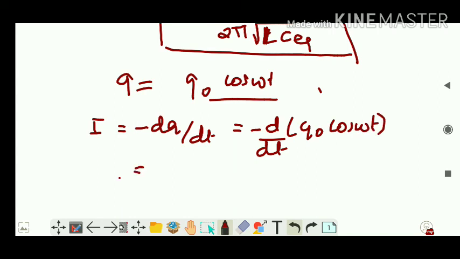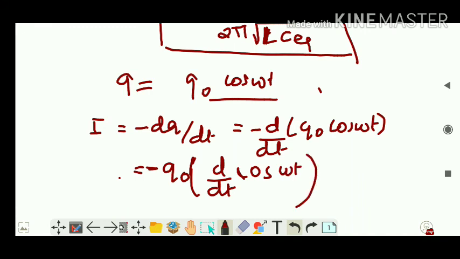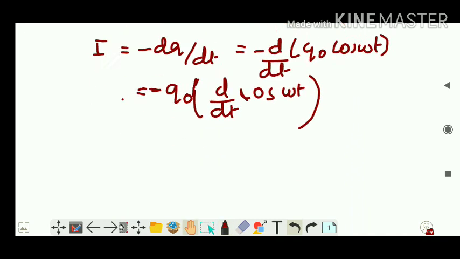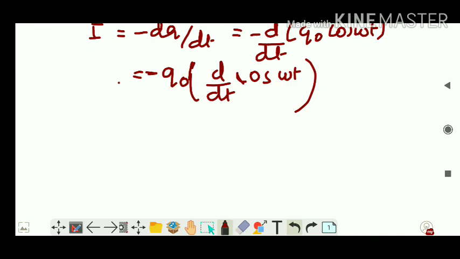So q naught is constant, I'll write it outside, minus d by dt of cos omega t, right? Clear? Now what is d by dt or d by dx of cos x?